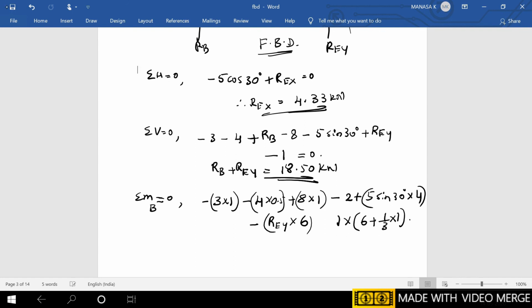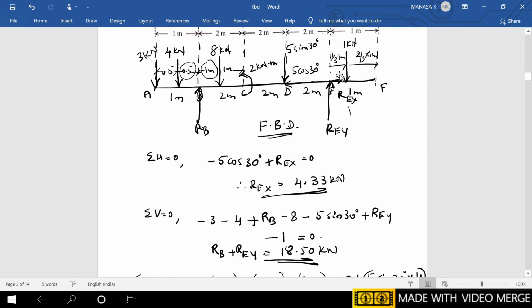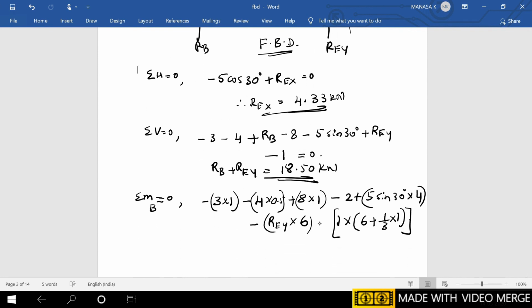So this will be the magnitude of the moment created by 1 kilonewton, and it is downwards, so it will create a clockwise effect. So it is positive. This entire equation should be equal to 0 when it is in equilibrium.